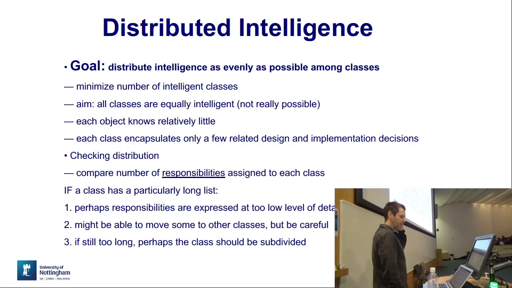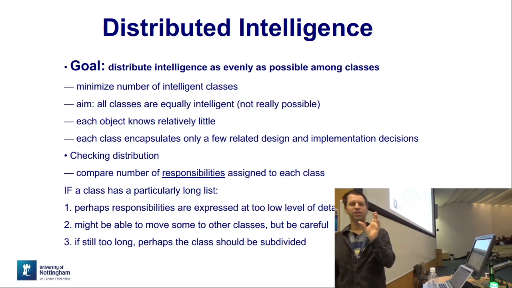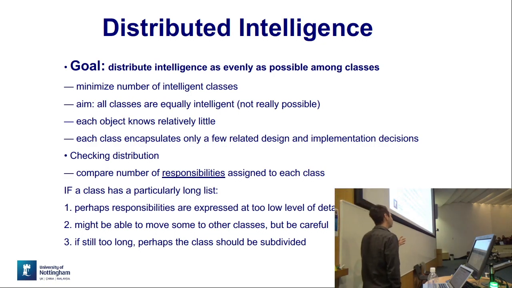Each object knows relatively little. Each class encapsulates only a few related design and implementation decisions. You can look at the Java API and see nice examples like a time object or a cursor object, or a frame object, these kind of evenly distributed intelligent objects.